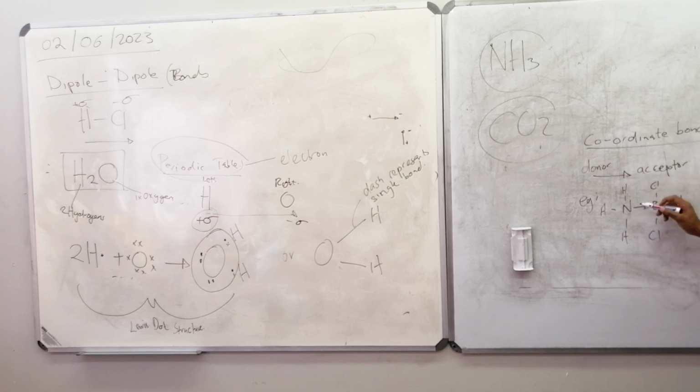Remember, this ammonia donated its 2 electrons to this boron trichloride. When it donated that, if we go around the boron, you can see it satisfies the octet rule. You go around the nitrogen, it satisfies the octet rule. So to show the direction from the donor to the acceptor, we show an arrow. Okay, you got it?